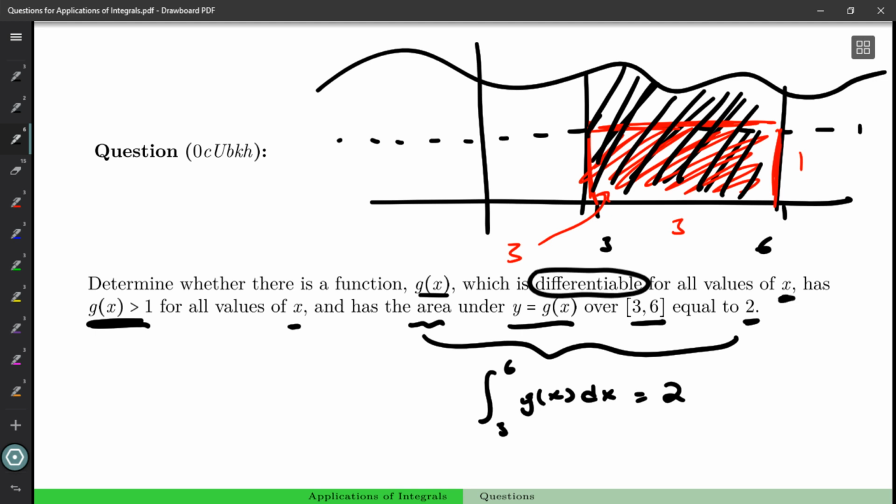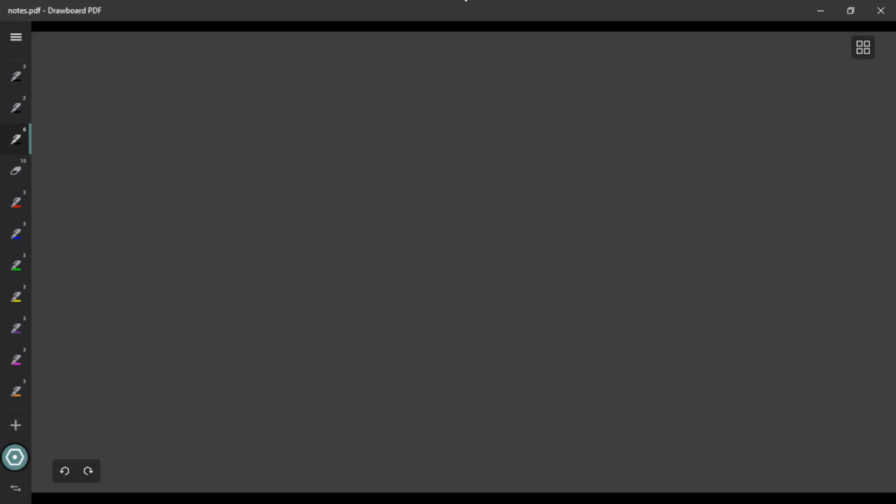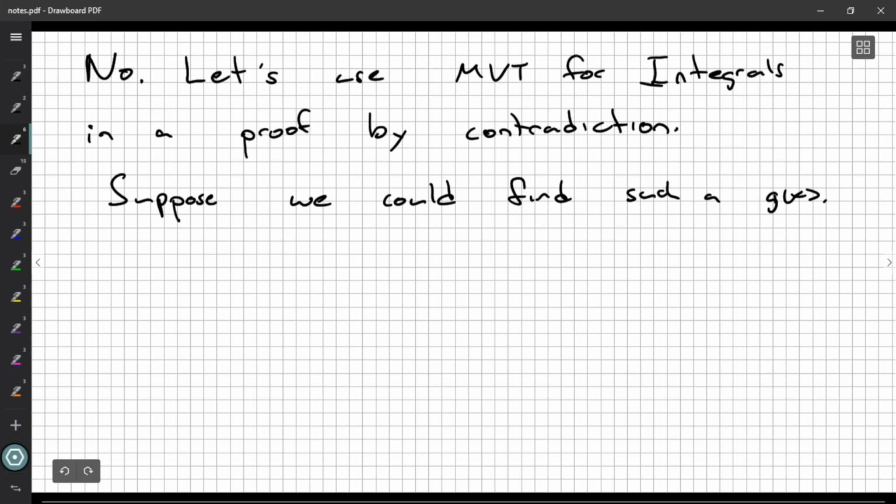What we need to do is remember that if a function is differentiable at a point, that means it's continuous. There's a consequence. If you're differentiable at a value a, you must be continuous at a. The opposite result is not always true. Take a look at, say, the absolute value function.